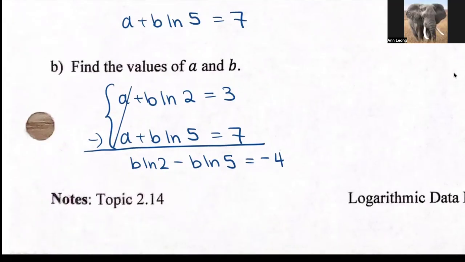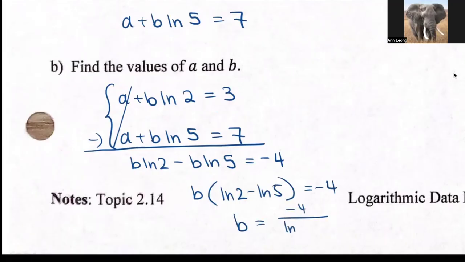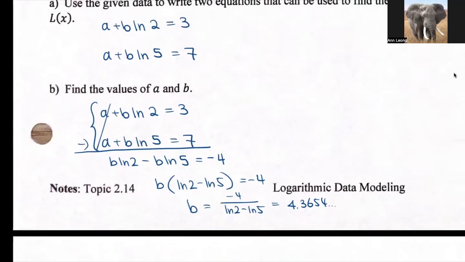All right, to solve for B, let's go ahead and factor out the B and then divide both sides by that ln of 2 minus ln of 5. All right, and that ends up giving me 4.3654... once I plug that into my calculator.